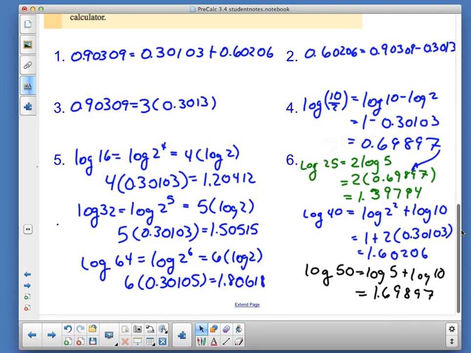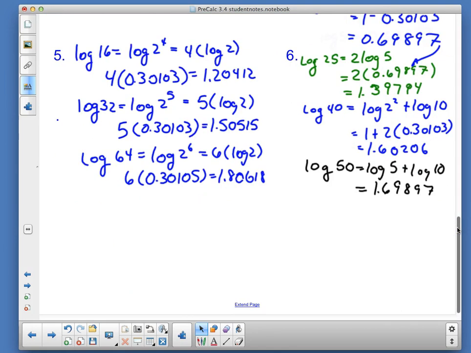Are you okay with the relationship that they have and the consistency that they have? It shouldn't be that, oh, I'm going to put something in my calculator, I'm going to use the natural log or the log, and I don't have a really good feel for the answer it's coming out. I mean, you should have a pretty good estimate. If you've got a base of 2 and you have the log of 9, well, 9 is more than 8, so your value should be more than 3 coming out.